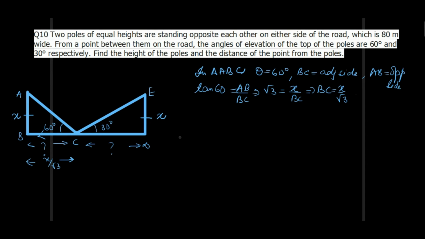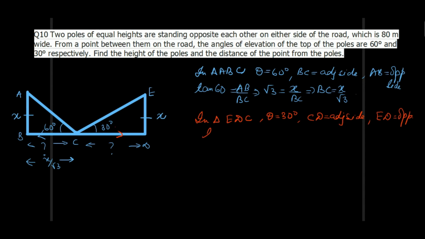Now what is given to you? Now in triangle EDC, theta is 30 degree, fine. So CD will be the adjacent side, CD is adjacent side and ED is opposite side.